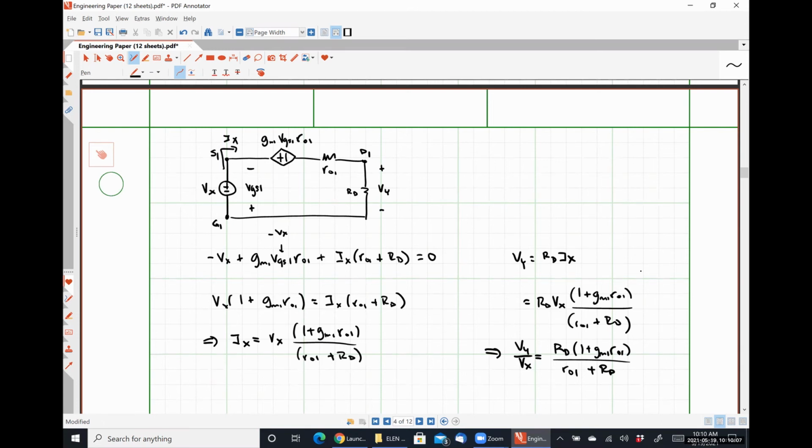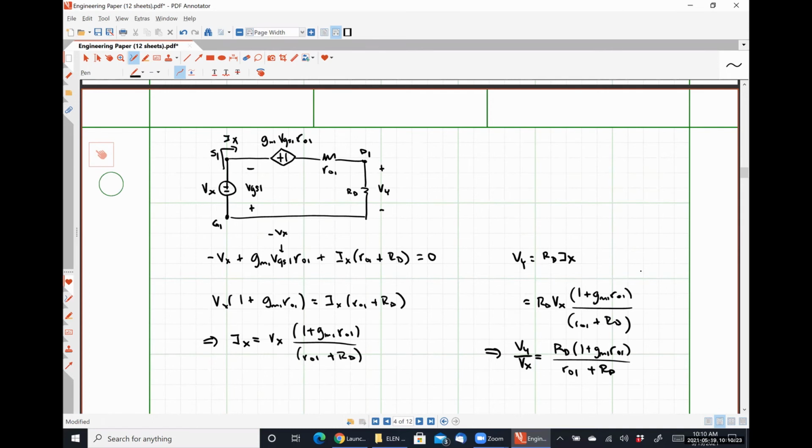If we no longer care what our output voltage Vy is, this is the exact circuit that we would use to analyze it, where we are looking for the ratio of Vx divided by Ix. So that's just going to be the denominator divided by the numerator.